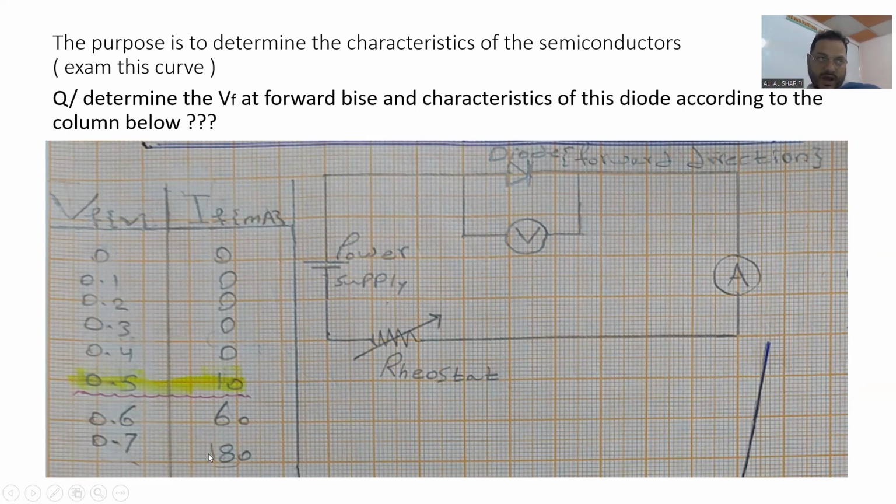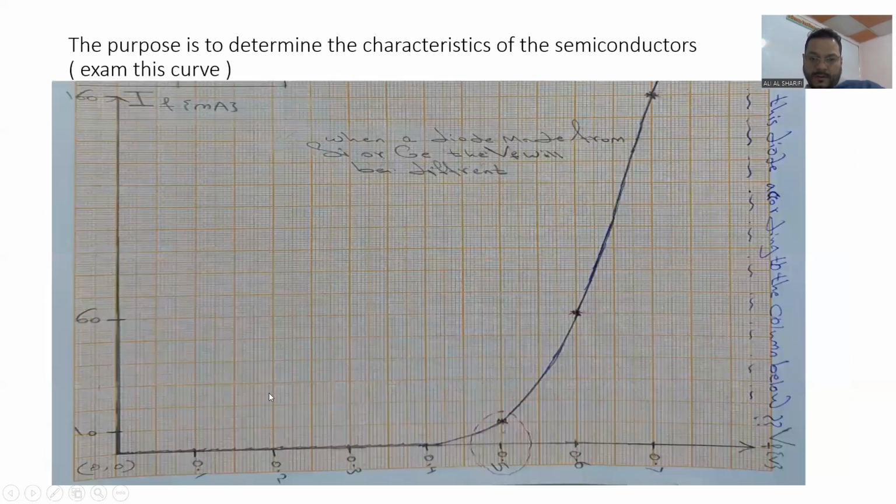0.660, 0.780. By using this curve, all of these results, from 0 to 0.4, were 0 on the y-axis, current in milliampere, until reaching 0.5, where the change starts.